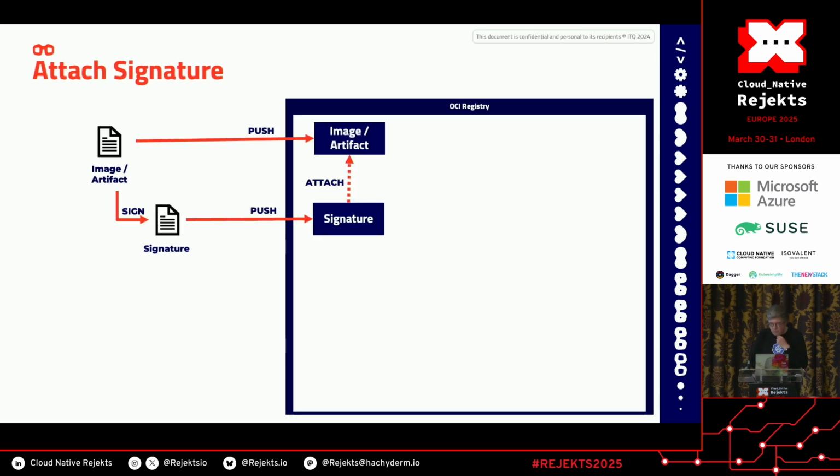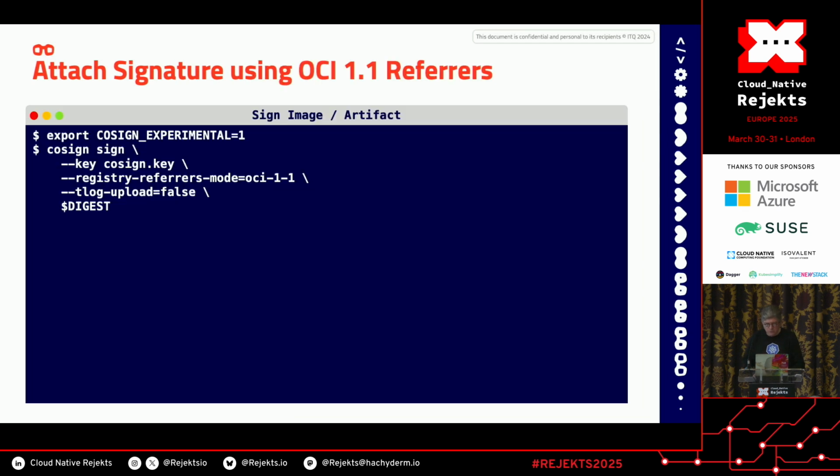So with the signature, we will attach these signatures to the image to indicate to the registry that these two artifacts are linked together. To do so, we'll use cosign. So cosign will attach the signature we create here with this command, cosign sign.